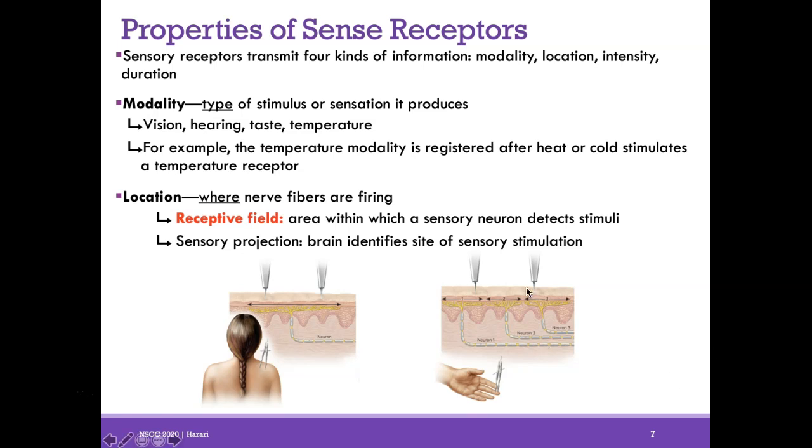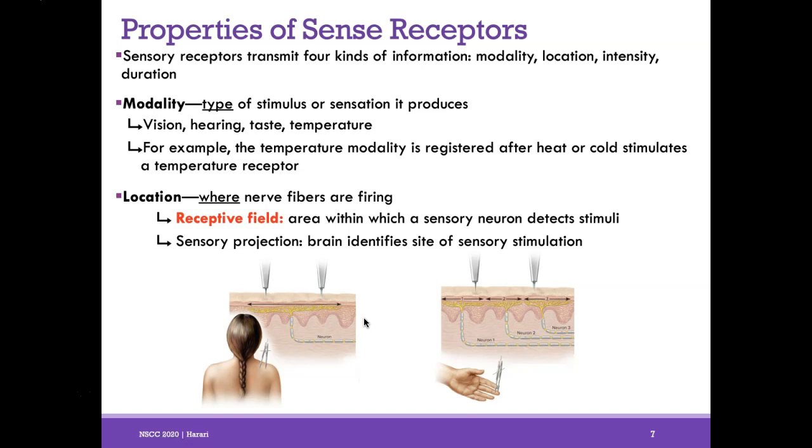So if you were to do this 2-point discrimination test there, you would easily be able to discriminate between 2 points, because each point would be hitting a different neuron in a different receptive field. It's a lot easier to discriminate between 2 different stimuli when there are smaller receptive fields compared to a large receptive field.